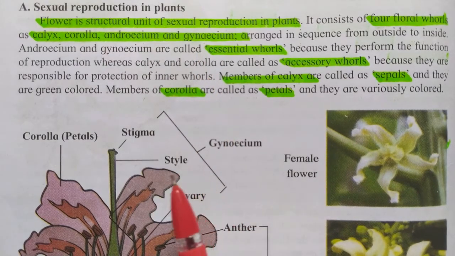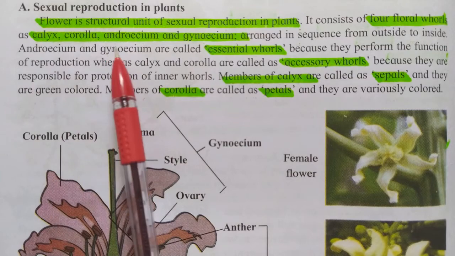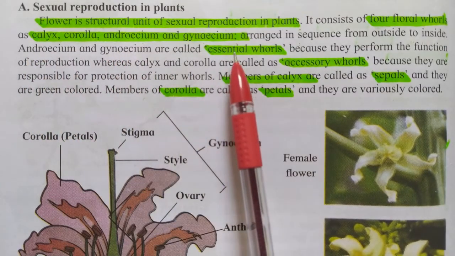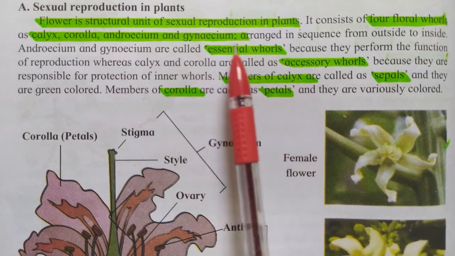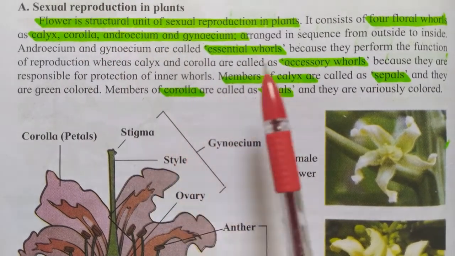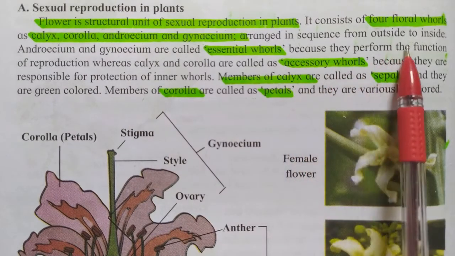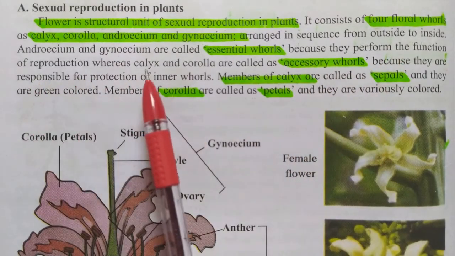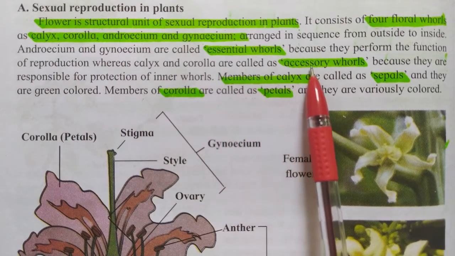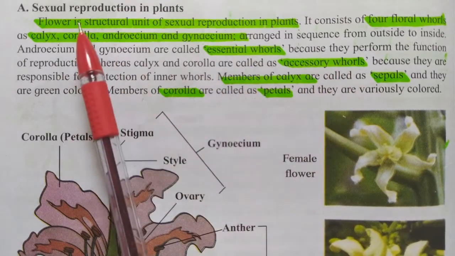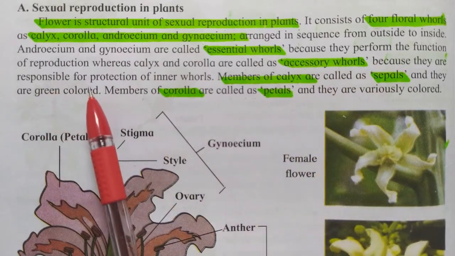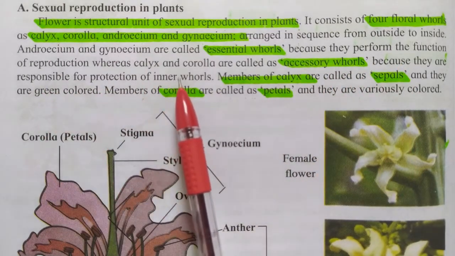Out of these, androecium and gynoecium are called essential whorls because they are required for sexual reproduction, because they perform the function of reproduction, whereas calyx and corolla are called accessory whorls. They are not involved in sexual reproduction because they are responsible for protection of inner whorls.